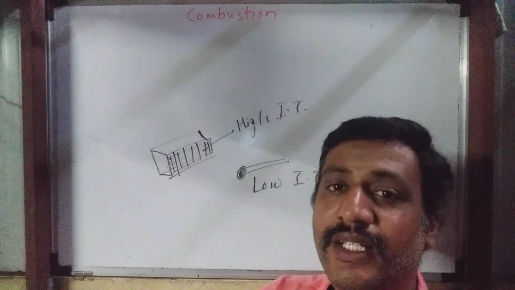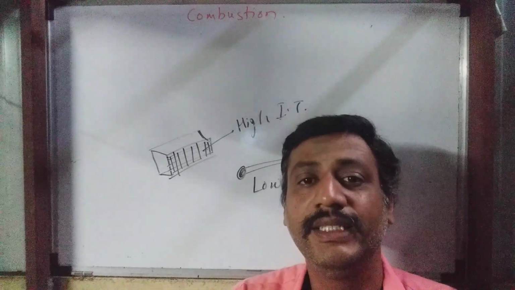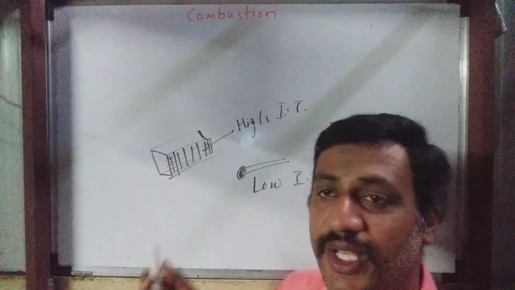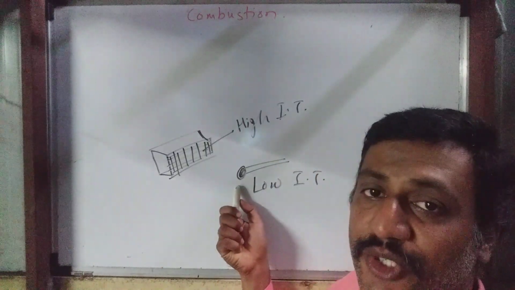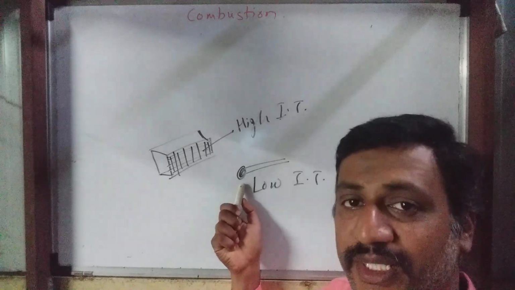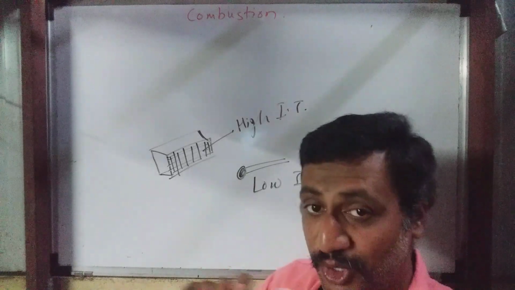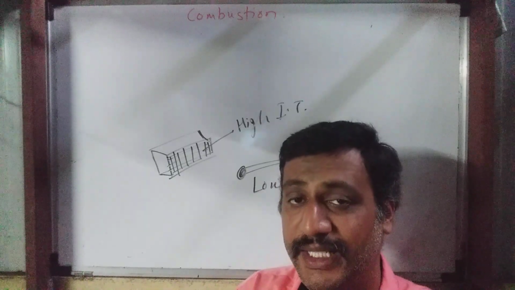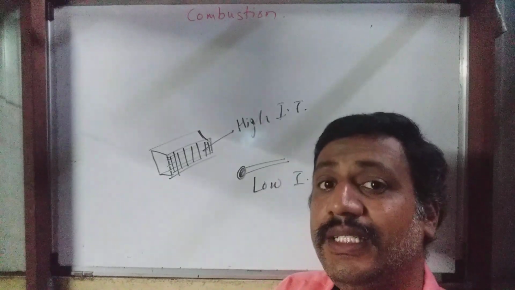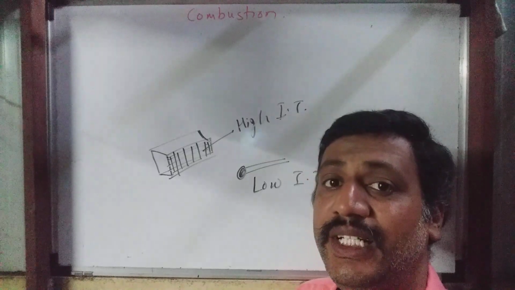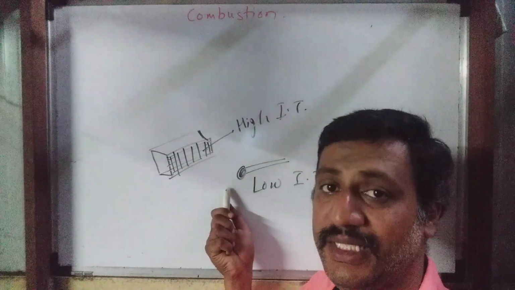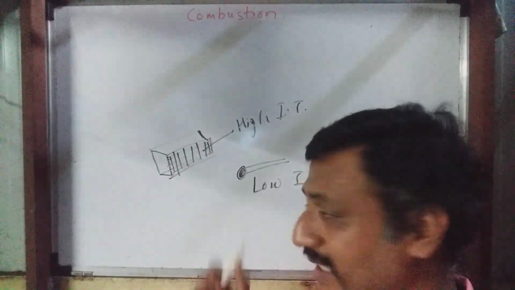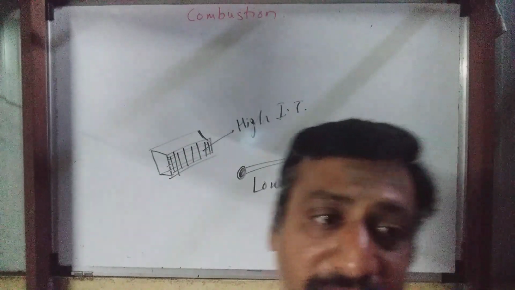If you make friction, heat energy gets created, and that heat energy is adequate to initiate the ignition of the apex of the matchstick. Are you understanding? Because of the friction, heat energy is generated, and that heat energy is able to initiate the combustion of the matchstick, not of the matchbox, because this material has a high ignition temperature. Okay, it's an interesting one.